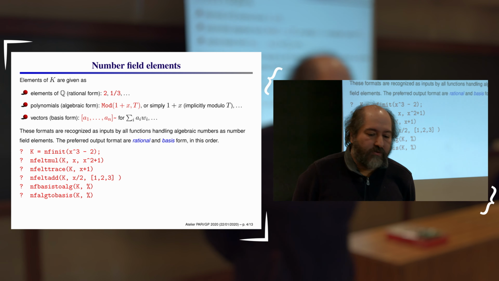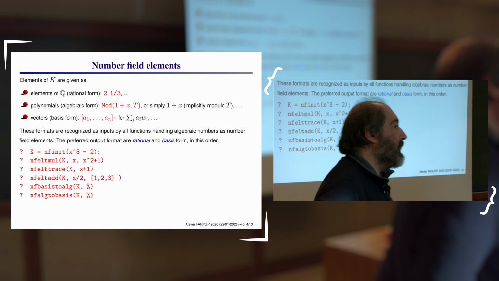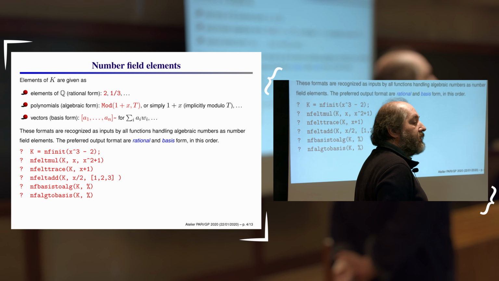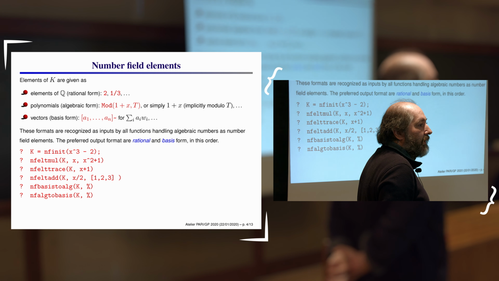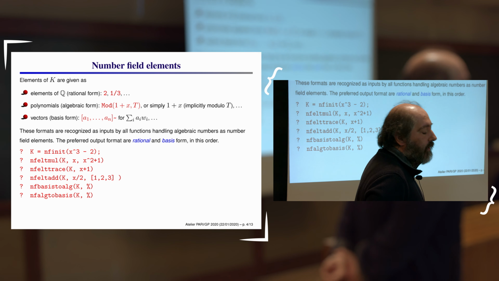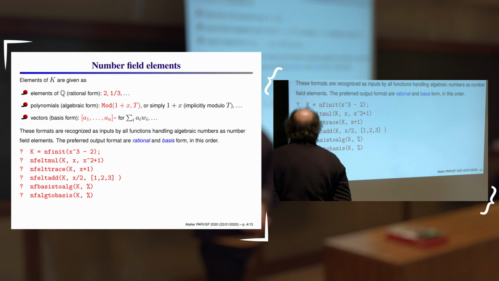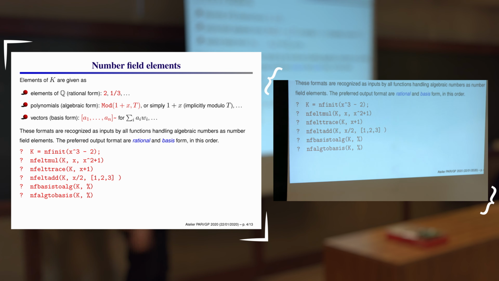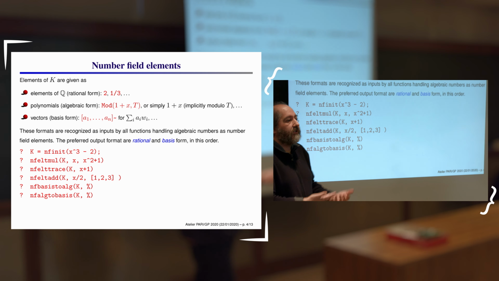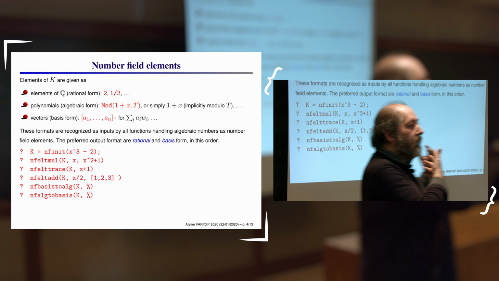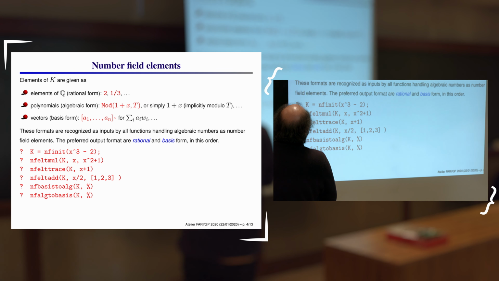Whenever a function starts with NF, you can expect that it will need to take an argument, which is an NF structure initialized by NF init. Whenever the prefix is BNF, you can expect that it takes as argument a BNF, a big number field, as initialized by bnfinit.